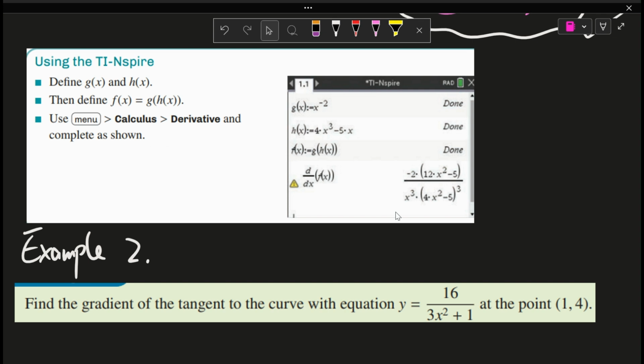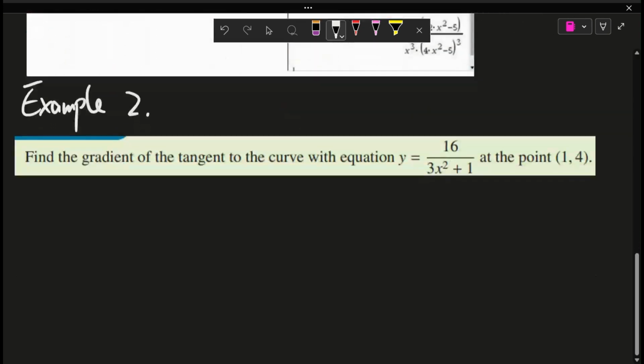I'm sharing this picture of how we get to the calculus derivative and so on, and I'm going to share this with you in the class. Please make sure you go to the classroom and know how to use the CAS calculator, because in Year 12 the most important part is using the CAS calculator.